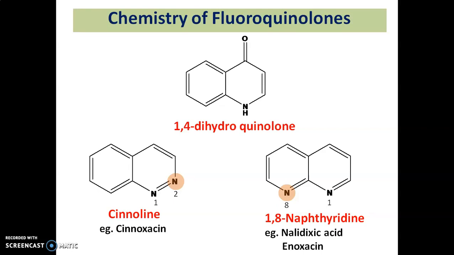Example, nalidixic acid and enoxacin. So usually fluoroquinolones contain either 1,4-dihydroquinolone ring or cinnoline ring or 1,8-naphthyridine ring in their nucleus.